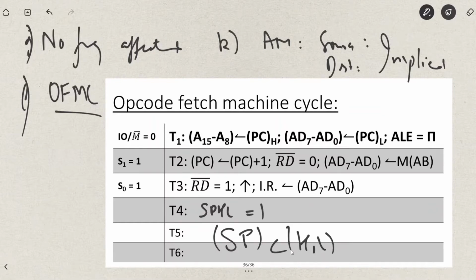We are not transferring that to MSP. MSP refers to the memory location that the stack pointer points to, but here HL is directly stored onto the stack pointer. We are not changing the contents of the memory, we are changing the pointer that points to the memory location. So that is the difference between SPHL and push H.